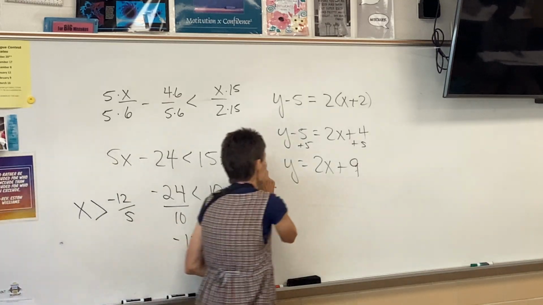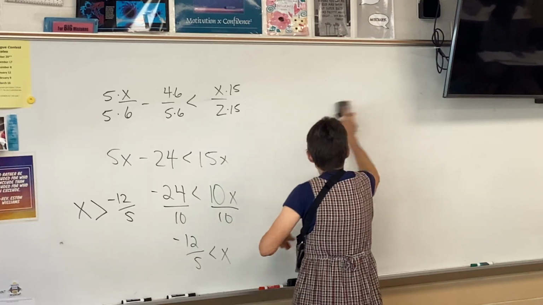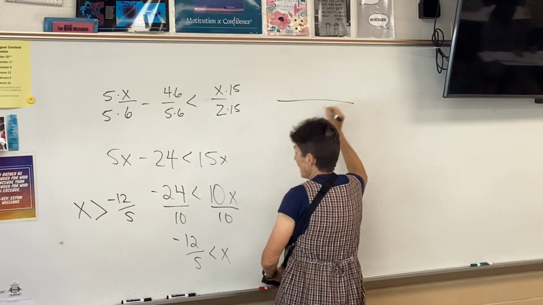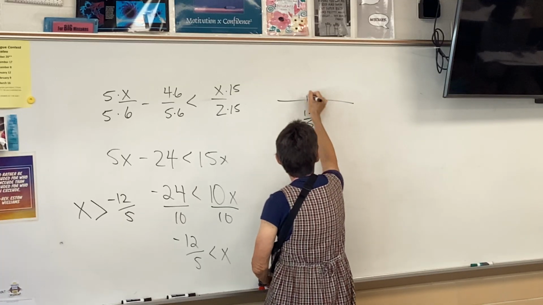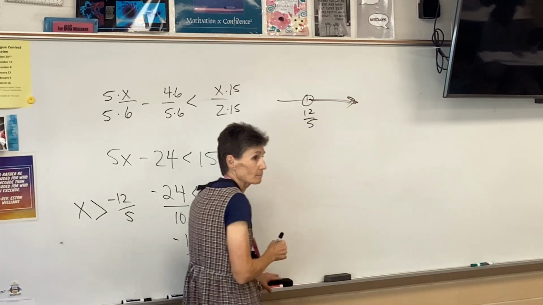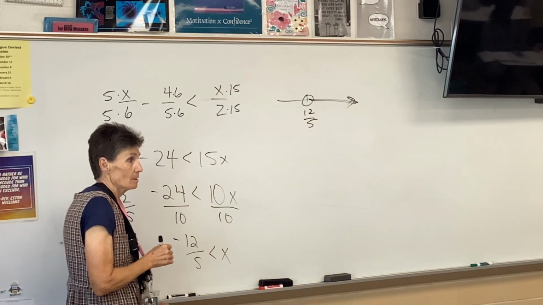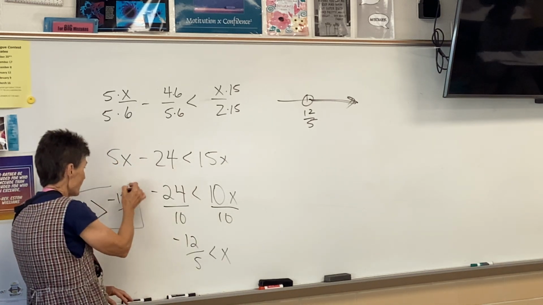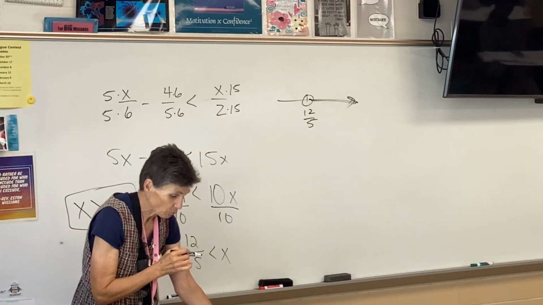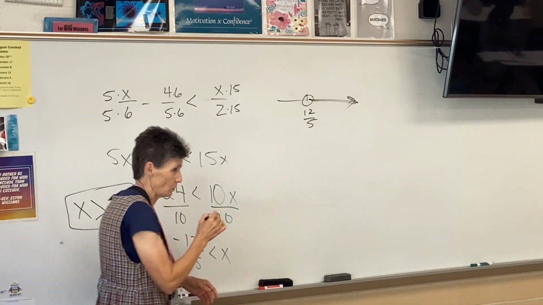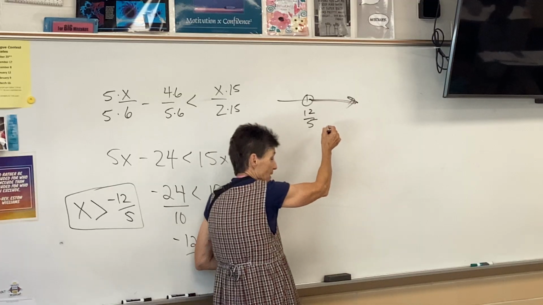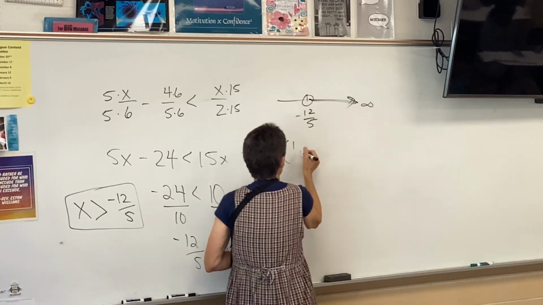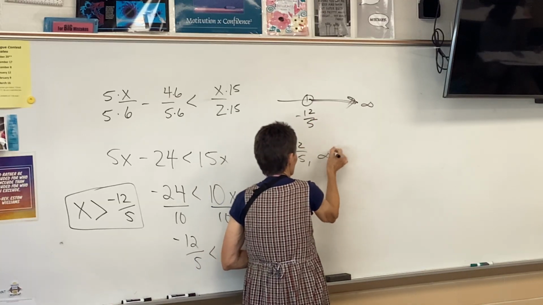Which means on the number line, I would be graphing that. Okay, so here's the answer to the question. And then number 3 says, put it in an interval. This helps me, in an interval, is that negative 12/5, comma infinity.